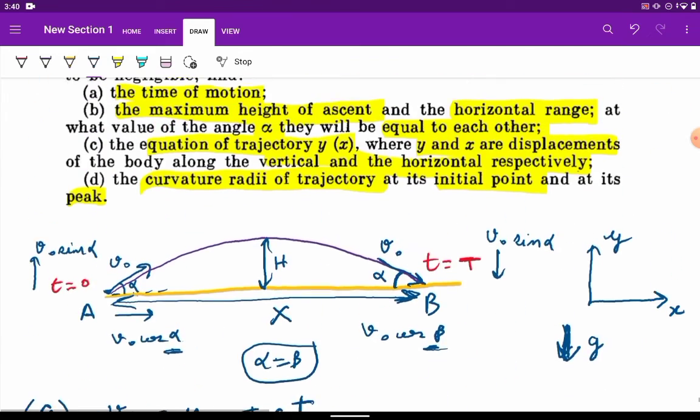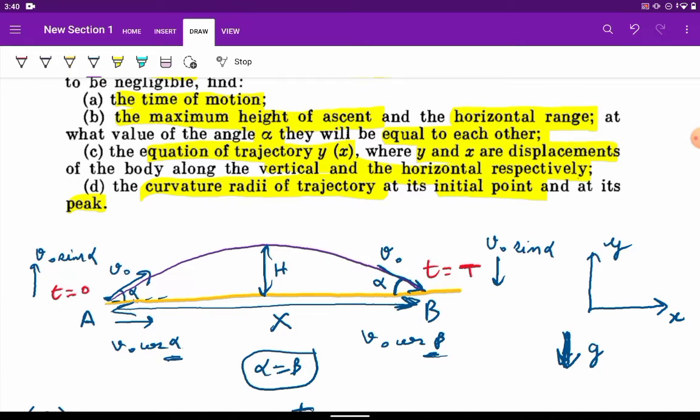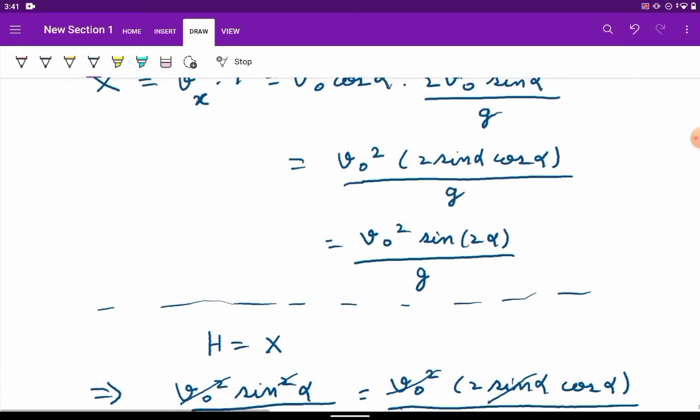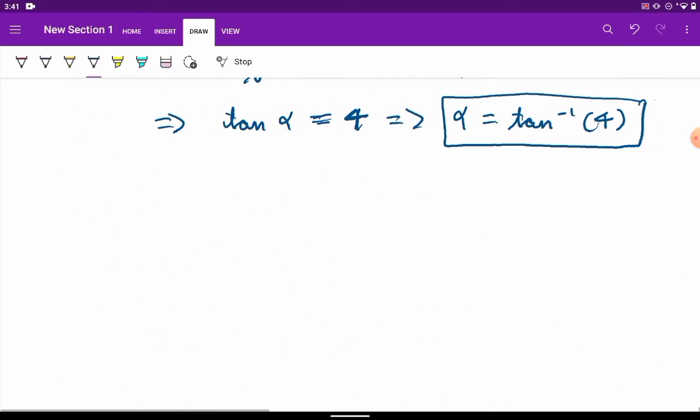Cool. So after B part, let's go to the C part. The equation of trajectory y of x, where y and x are displacements of the body along the vertical and the horizontal respectively. Okay, so till now we were just considering the parts where the particle has the maximum height or when the particle returns to the ground, but now we need to find out a general equation of the trajectory.